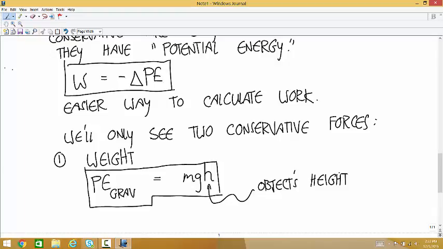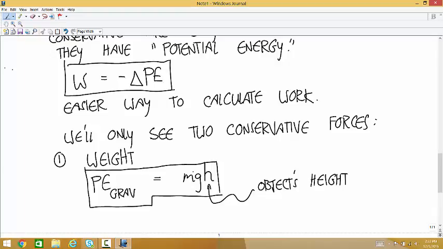Okay, what is that height measured from? That matters, right? I mean, if this is how you calculate the potential energy, what's zero height? Is zero height sea level, or the ground, or the floor, or the center of the earth? It turns out that for any problem we do, you get to choose arbitrarily what you want to call zero height, as long as you're consistent through the whole problem.